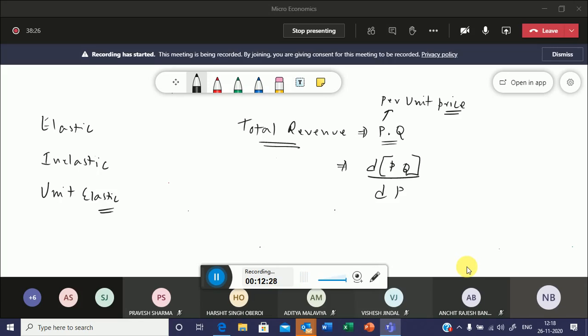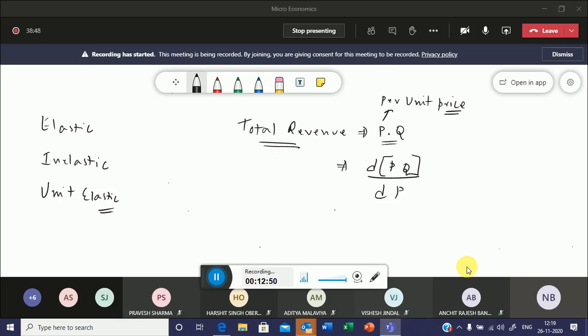Total revenue. If I increase the price by one unit, how is the total revenue going to change, right? Are you guys following? Because this dP is basically saying for a given change in price, how d of P times Q changes. What is P times Q? It is the total revenue. How the total revenue is changing.